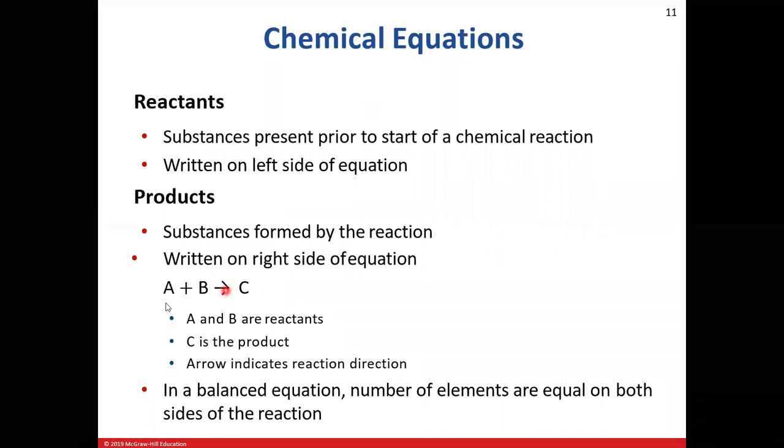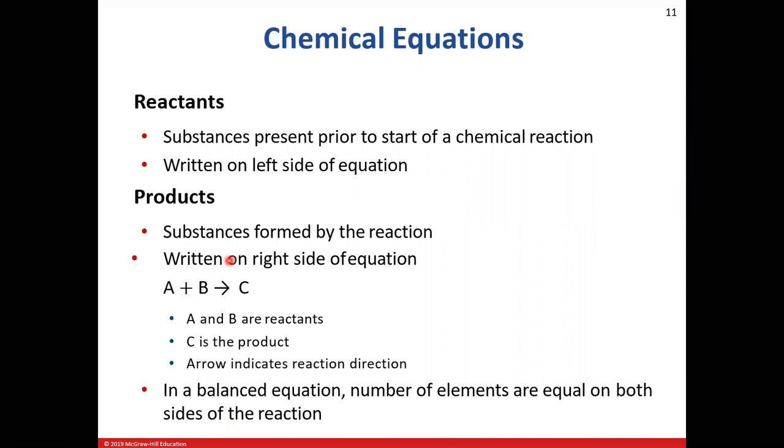You'll have your reactants, which are A in this case and B. So we take A plus B, and then we get the product C. And so again, this arrow, this yield sign, indicates the reaction direction. So it's telling us that it's moving from this direction to this direction.